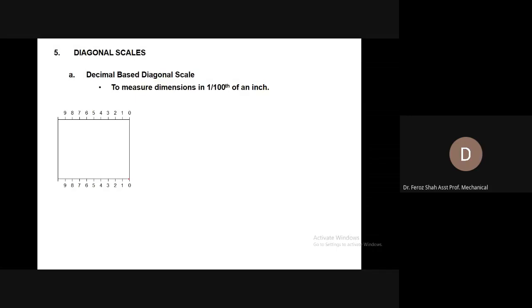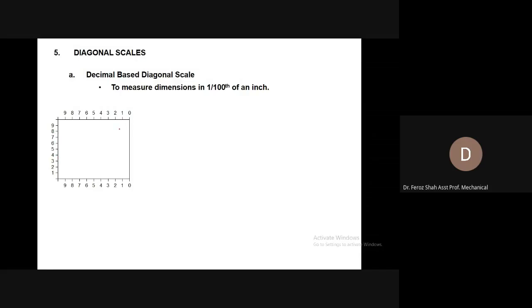So for that, you will have to use the hit and trial method. Divide this line into 10 equal divisions, the upper half as well. Now also divide this vertical line into 10 equal divisions.